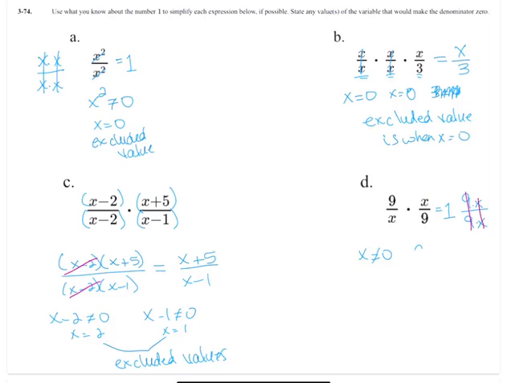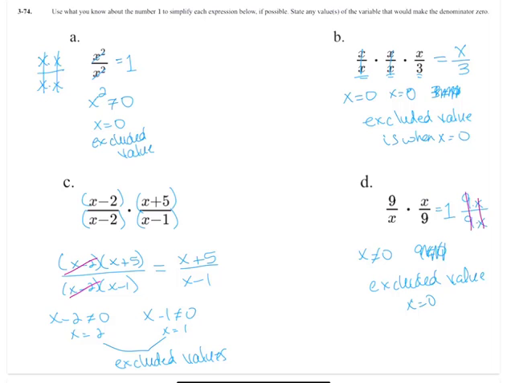And on the second one, 9 cannot equal 0, and we know that 9 cannot equal 0, so we don't even have to worry about that one. So then what's my excluded value? Excluded value when x equals 0, right? We always have to look at those denominators, especially in rational expressions where we have variables in the bottom.